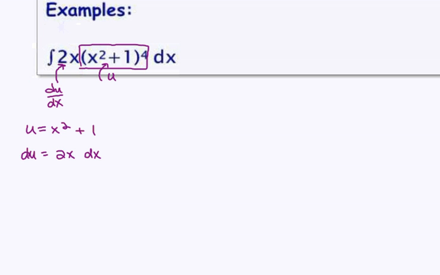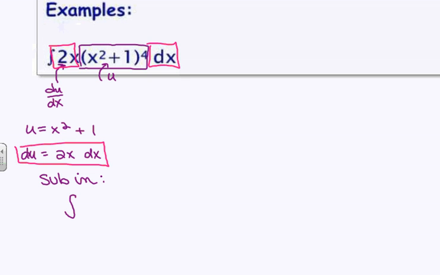All right, so now looking at our problem, if we substitute in these u's and du's and rewrite the problem, the 2x and the dx were the same thing as our du. Our x squared plus 1 to the fourth, this piece inside, x squared plus 1, was the same thing as our u.